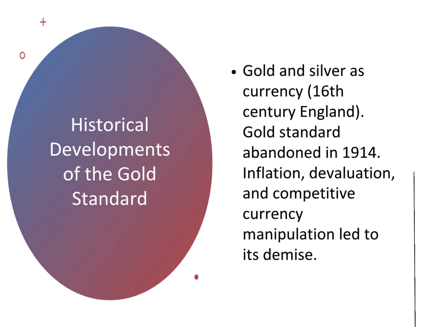In the 16th century, England began using gold and silver as currency. That's as early as the 16th century. This marked a significant shift towards a more standardized economic system.